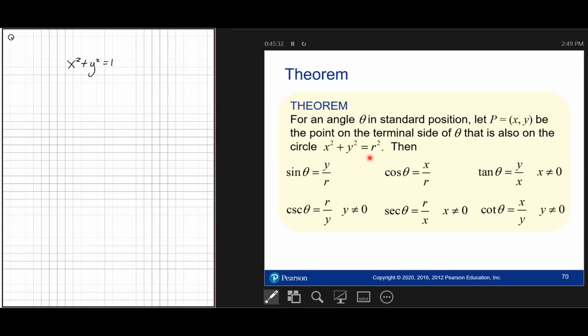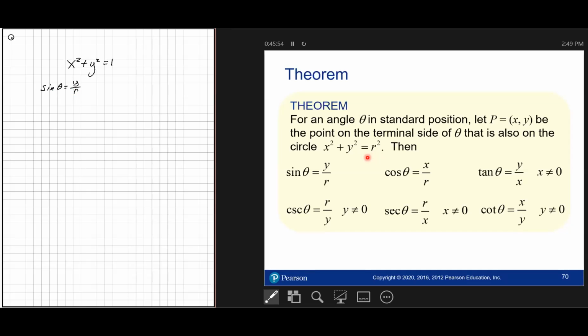But when you change the radius from 1 to some other number, then we're dealing with these situations. Because if you think about it, sine of theta is y over r, and if r is 1, then you get the unit circle.